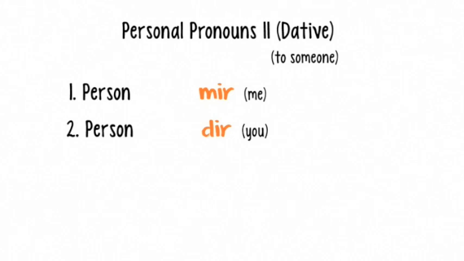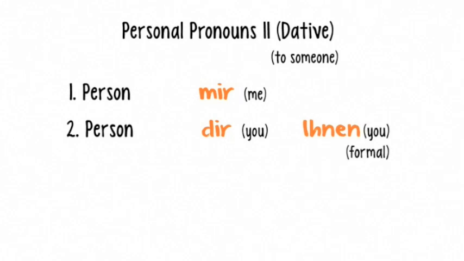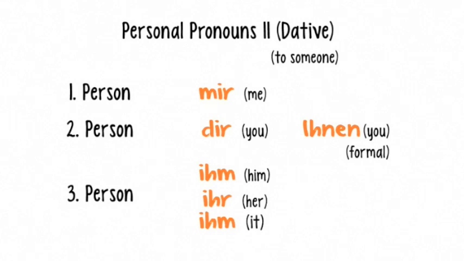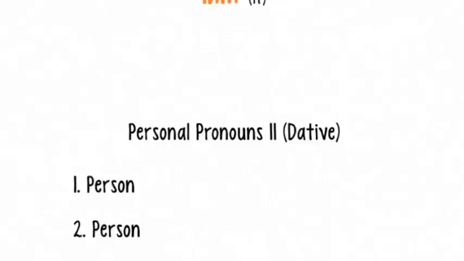Also here in the second person singular we have the formal form which is Ihnen. And in the third person we have ihm, which means him, ihr, which means her, and ihm, which means it. Mir, dir, Ihnen, ihm, ihr, ihm.